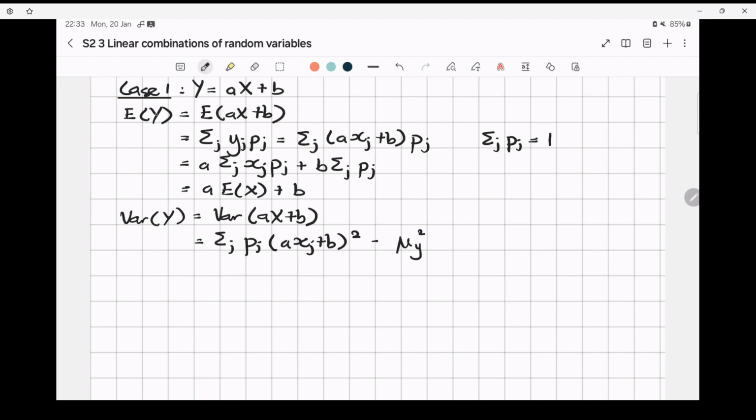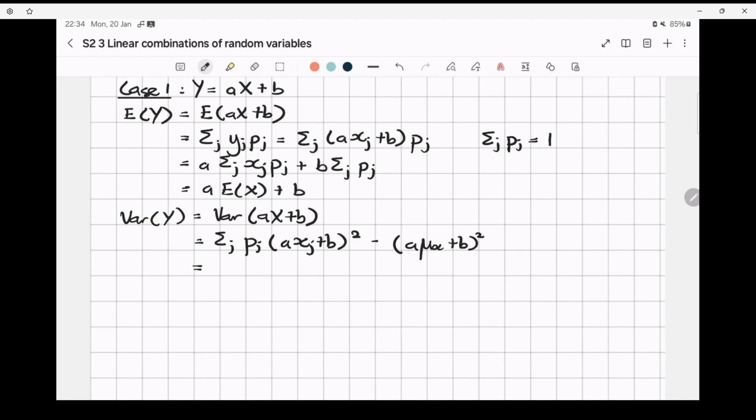Because we already derived mu_Y for the transformation aX + b, we can write it as (a mu_X + b) the whole thing squared.